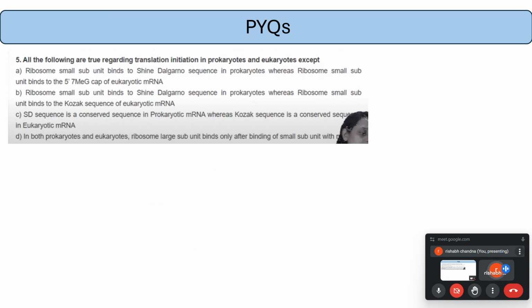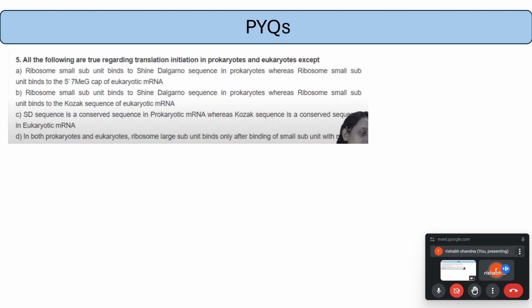So all of the following are true regarding translation initiation in prokaryotes and eukaryotes except: the ribosome small subunit binds to Shine-Dalgarno sequence in prokaryotes, whereas ribosome small subunit binds to the 5' 7-methyl guanosine cap of eukaryotic mRNA.